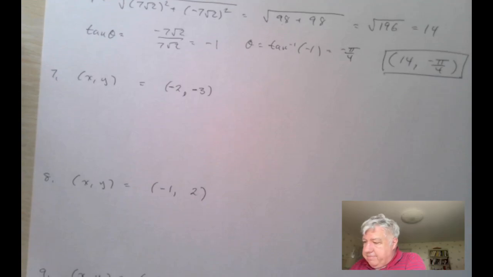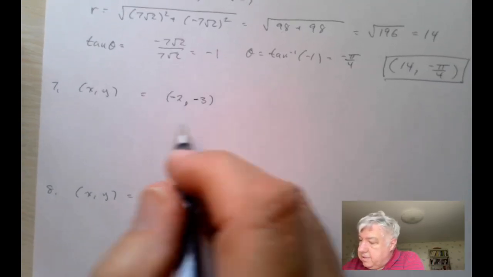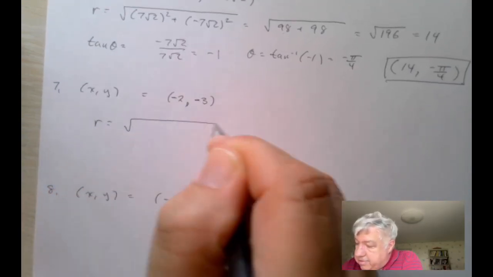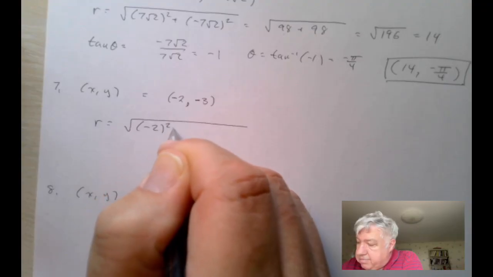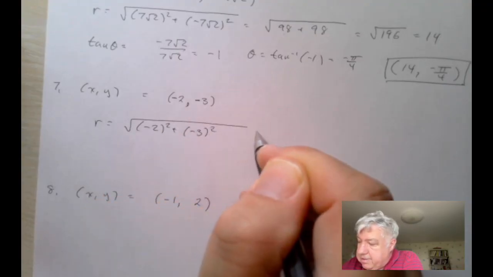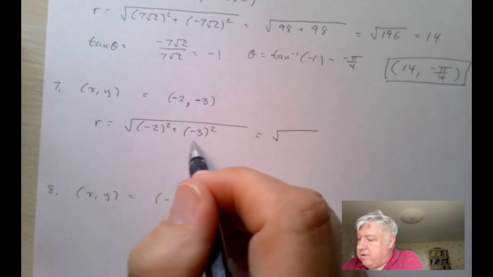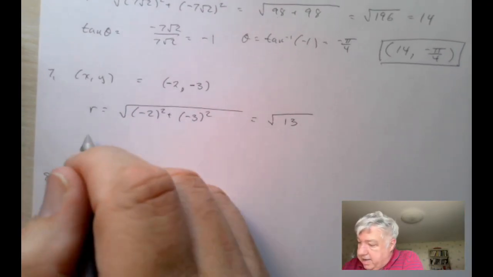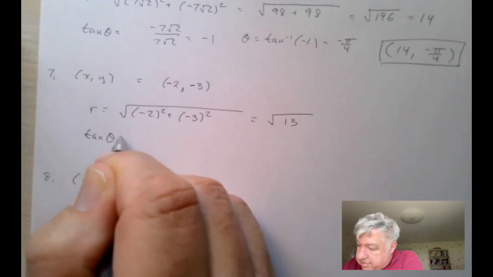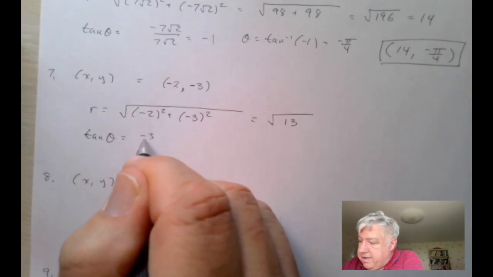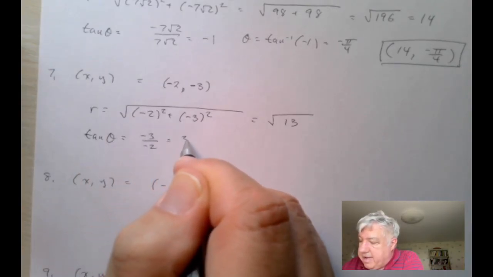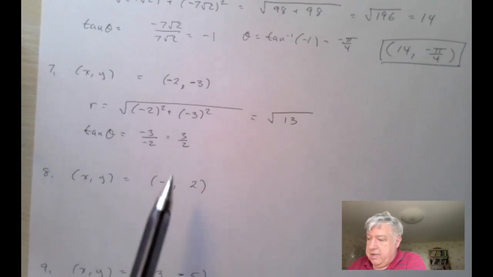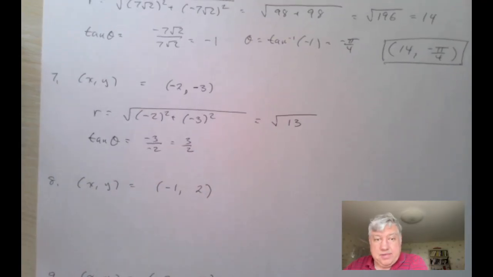Okay, number 7, r will be the square root of negative 2 squared plus negative 3 squared. So this will be the square root of 4 plus 9, that's 13. And the tangent of theta is going to be negative 3 divided by negative 2, or 3 halves. But notice that x is negative in this case.